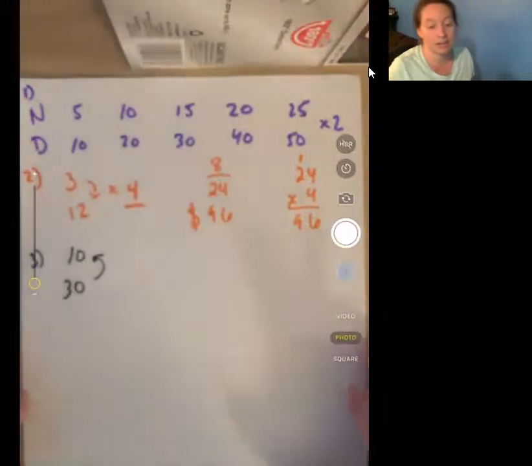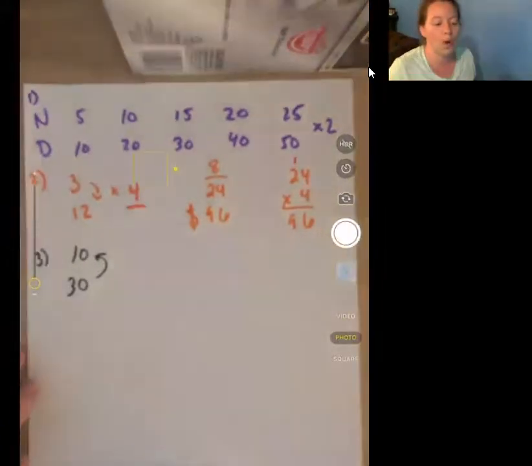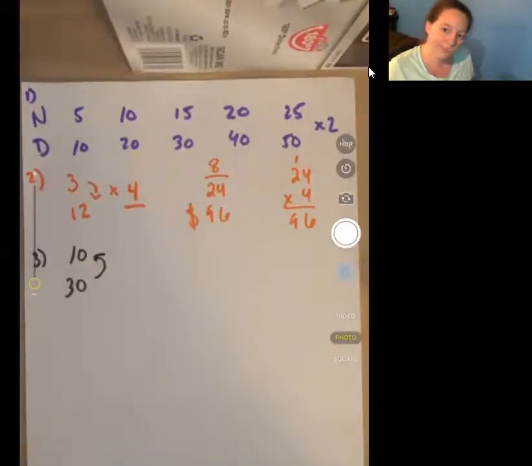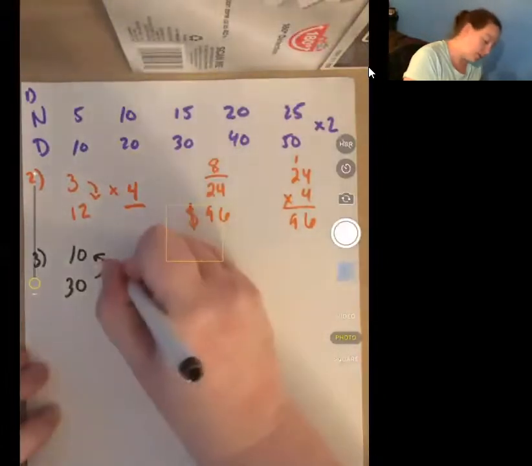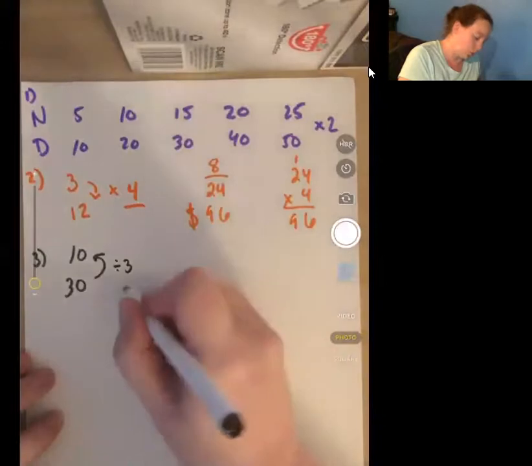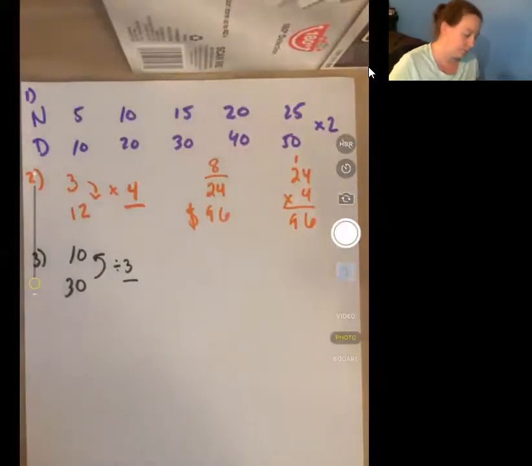But we're trying to go the opposite direction. 30 divided by what is 10? Or 10 times what is 30? 3, right? So we're going to divide by 3. And that is our rule, divided by 3.